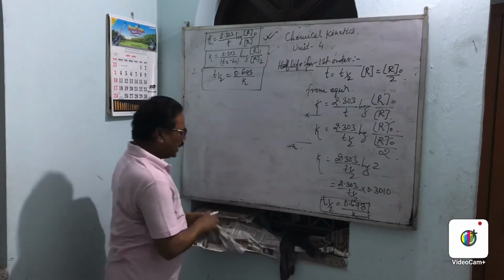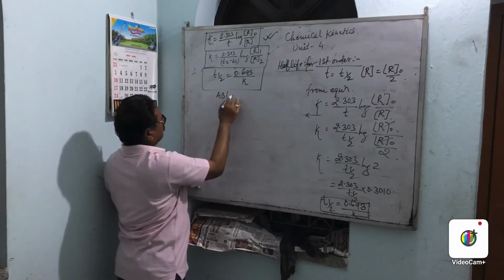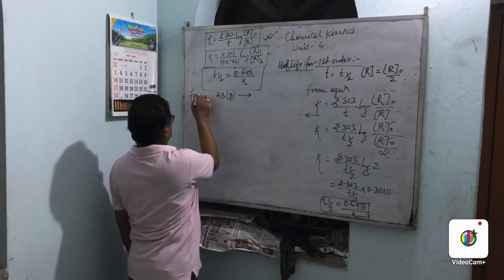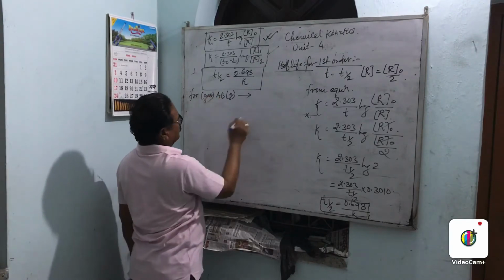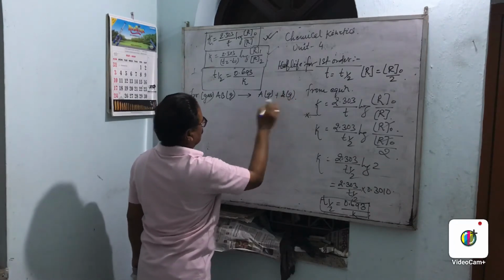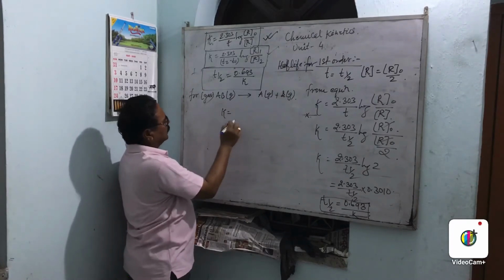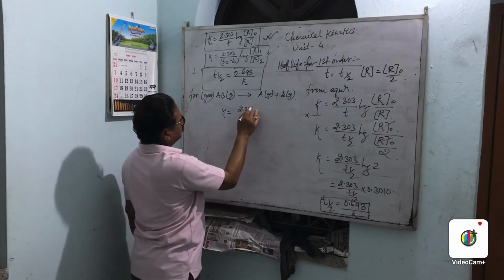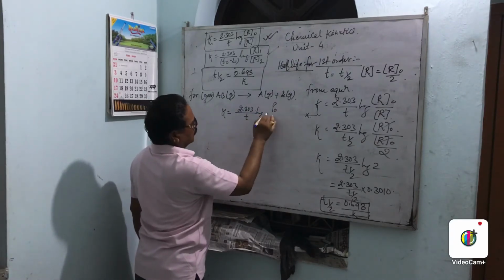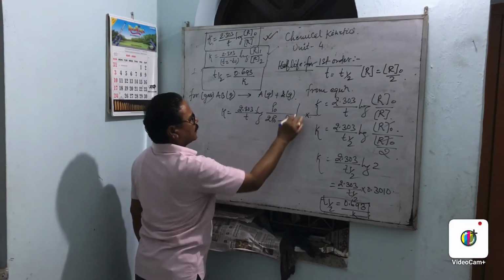Now, we have another graph. Suppose AB type. This is another equation for gaseous molecules, for gas. So it will dissociate to give A and B gas. There are so many problems based on it. So I finally write the equation, then I will prove it. 2.303 by T log 2 P naught by 2 P naught minus P, with initial pressure P naught and pressure at a given time.